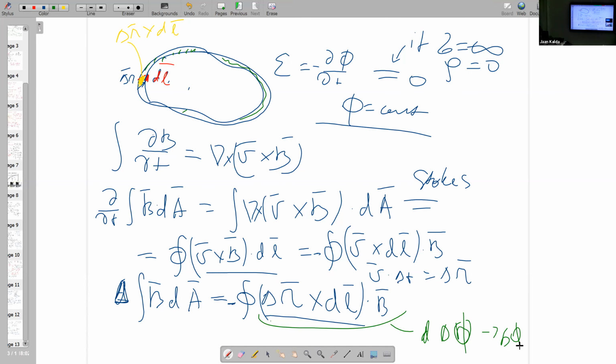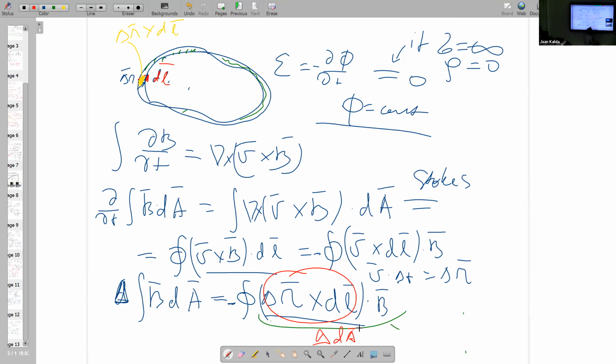Okay? More or less? Ready? Yeah, sorry. Let me write it again. So this here is d delta A, or delta dA, whichever. It is a surface area vector built on the cross product of two vectors forming a small parallelogram.